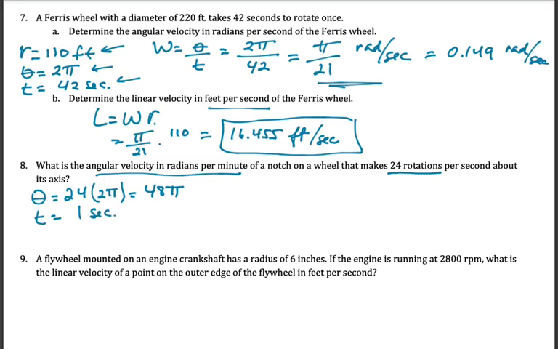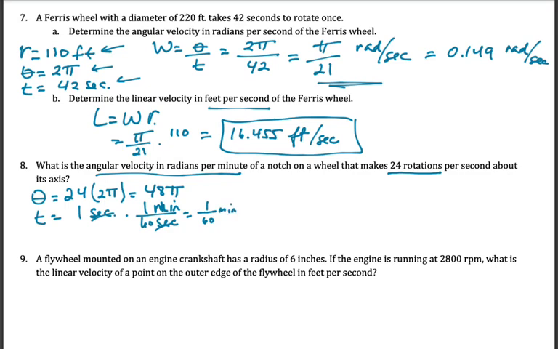And we need to know what it is per minute. So remember, if we want to convert that, if we want seconds to go away, so it goes down the bottom, and we've got 60 seconds in 1 minute. That way your seconds go away. So we're talking 1/60th of a minute.